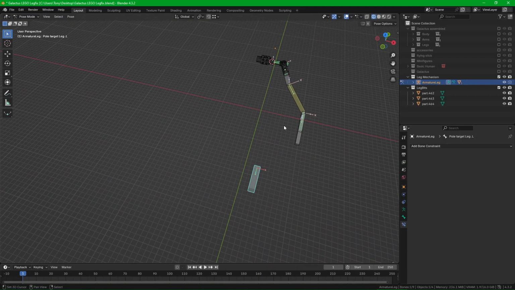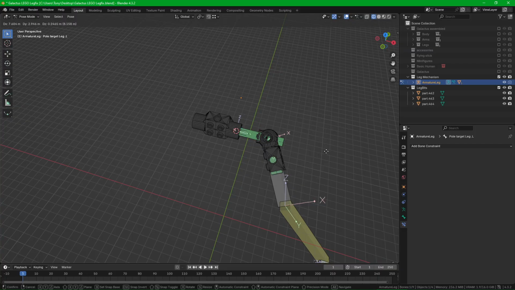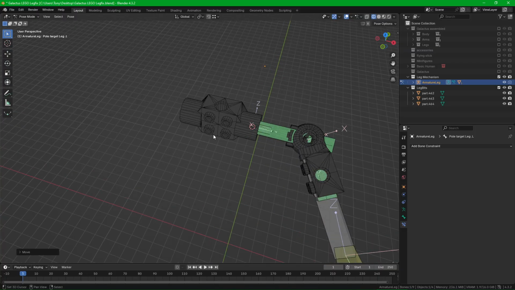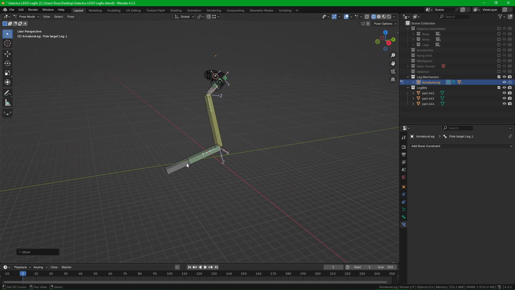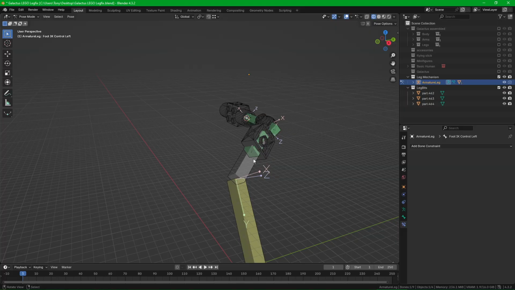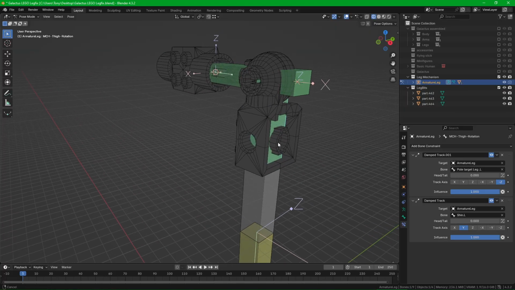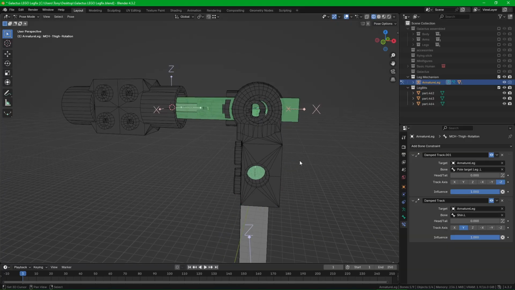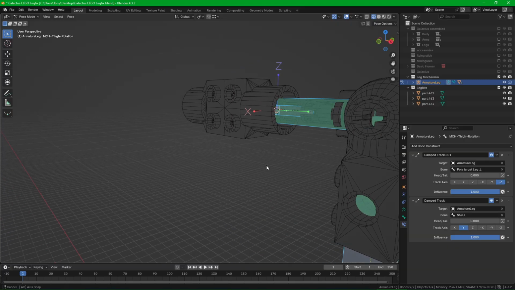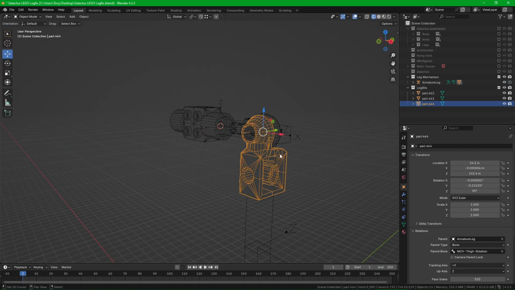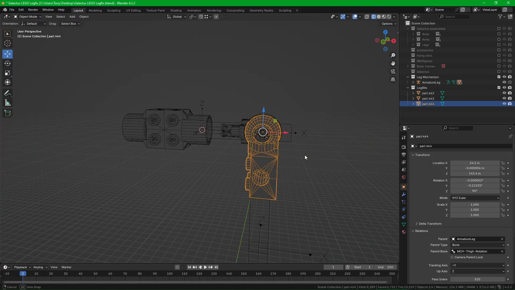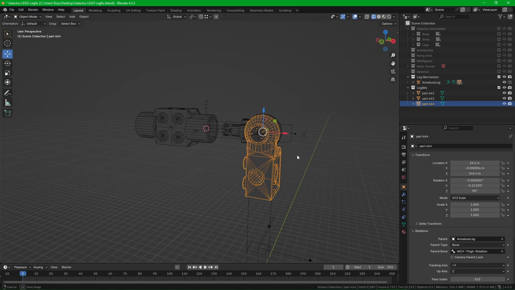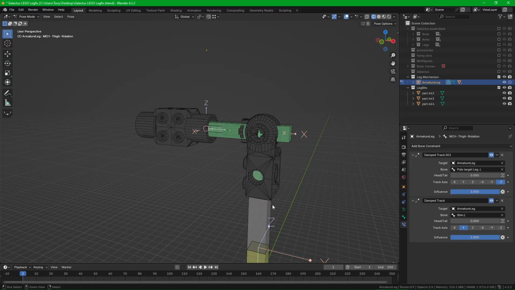And you could fix that by posing this. But that's not a great solution. It's a start though. The other way to do it would be, trying to think.